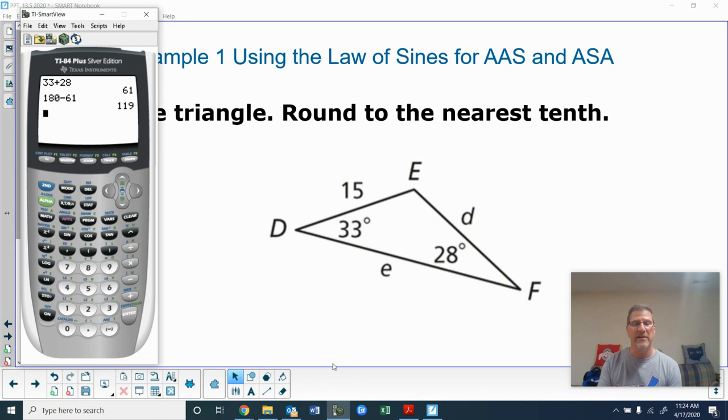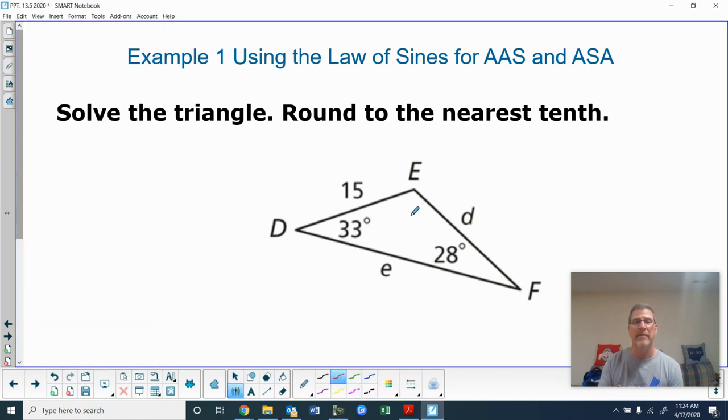So angle E would be 119. When I know two angles, I always find that missing third angle first to get that out of the way. Since I know angle F is 28 and side F is 15, that's what I'm going to use for my first fraction.